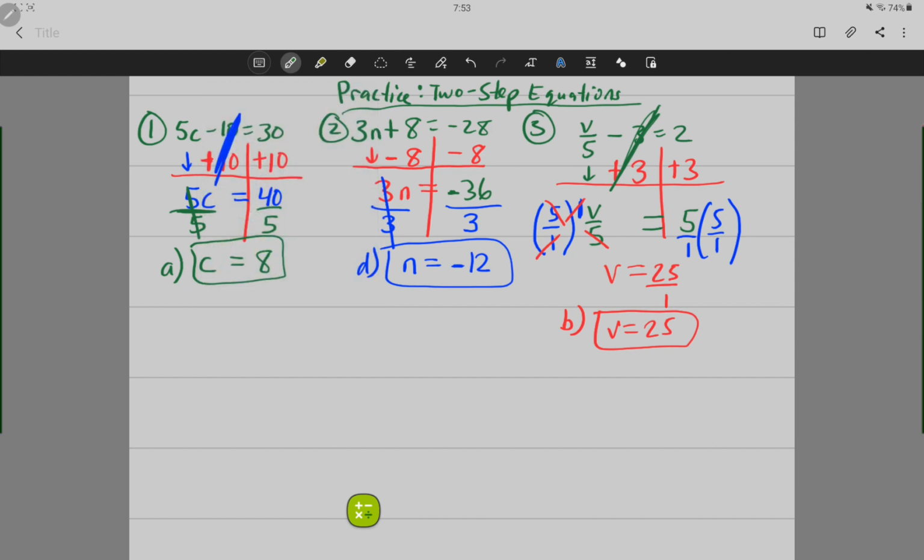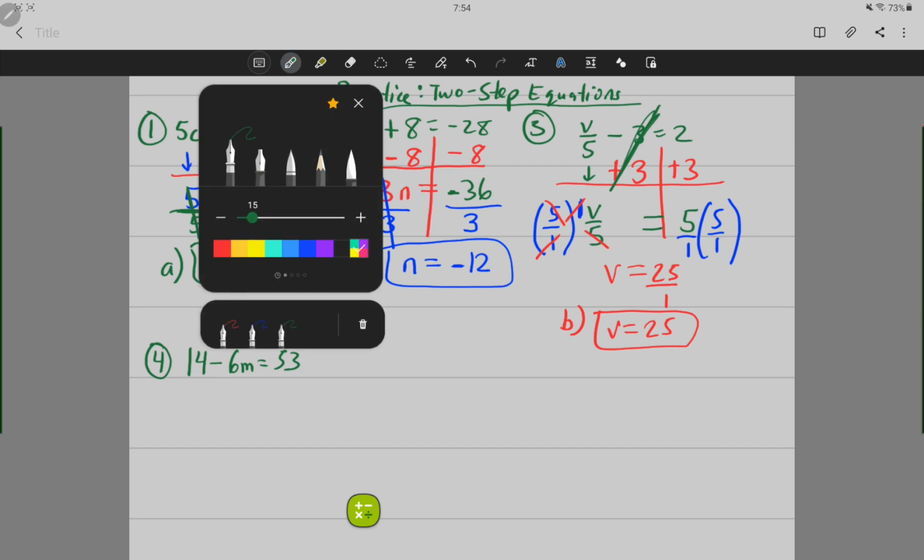Okay, so we did the first three. We have a few more to go, but they're pretty much going to be the same steps. Number 4 says 14 minus 6m equals 53. All right. This one, again, we want to get our letter m by itself, but if you look, we see a positive 14 on the same side.